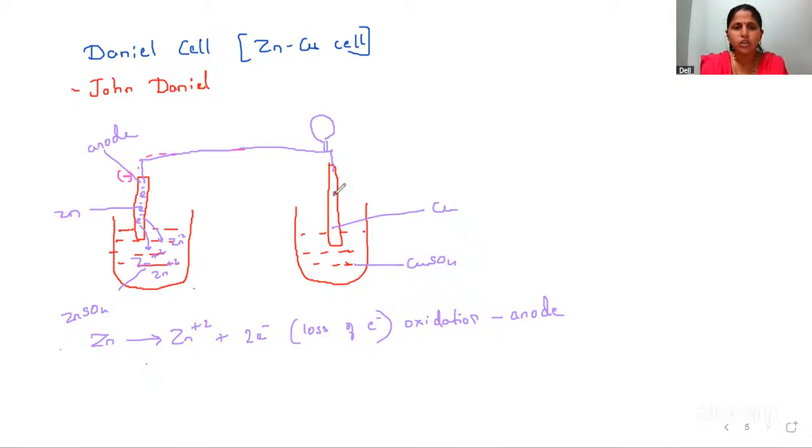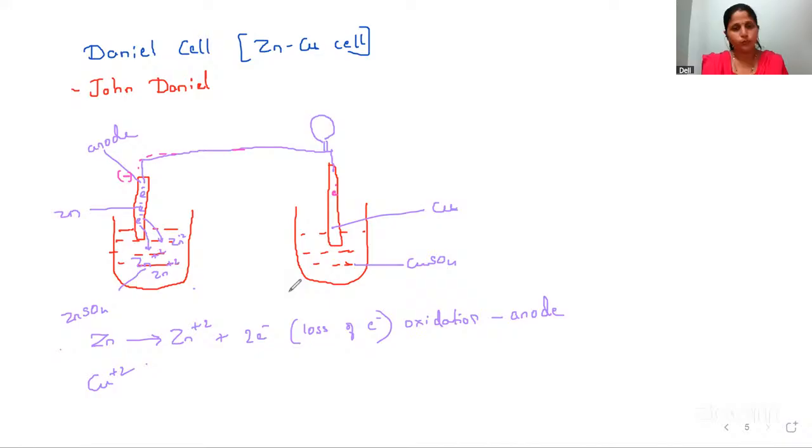They will come to the copper rod. Now this copper, which is in the solution, is in the form of Cu+2. The Cu+2 ions which are there in the solution see the electrons and will become happy. Our electrons will become stable.